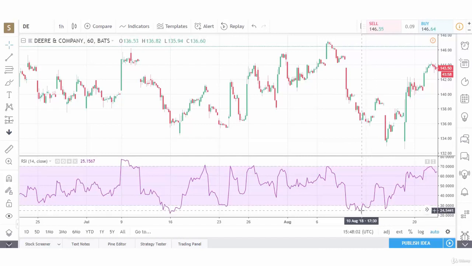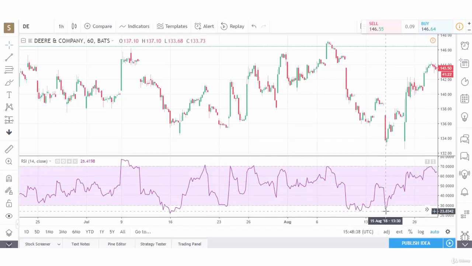So the indicator, the RSI, is lower here when the stock is at 136, and then turns up and it's higher when the stock is down at 134. So that would be a more bullish indicator than just the RSI signal by itself, but taking a couple of signals together. And then we get a nice move up in the stock after this signal.